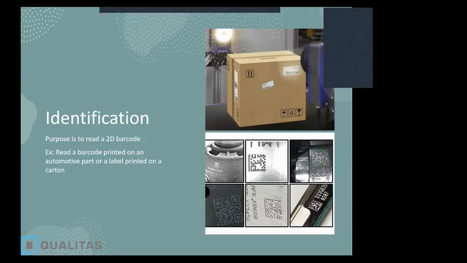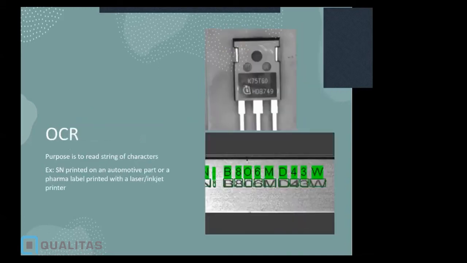So, for example, reading a barcode printed on an automotive part, right? That can be laser etched or dot peened. Another example is reading a 2D code on a carton for a logistics application. So, identification is the next kind of application.